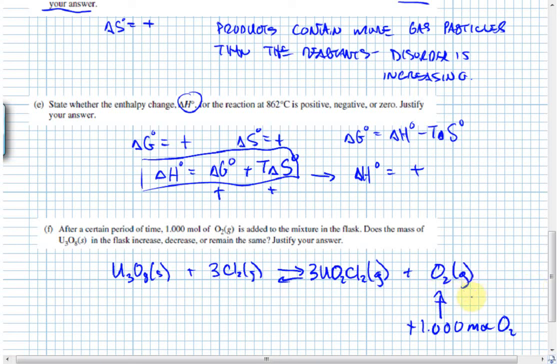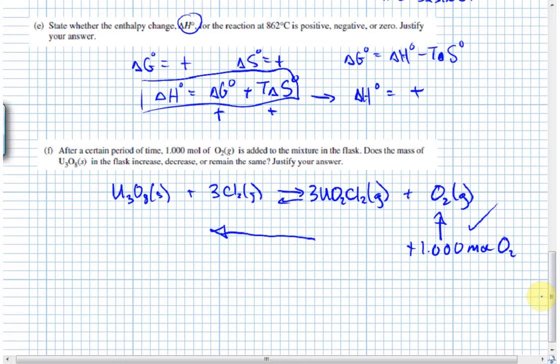Stress is on this side of the reaction. The reaction is going to shift to the left to try to minimize that excess oxygen. In the process, what's going to happen to the amount of U3O8? We're going to produce more solid, so the mass of solid increases.